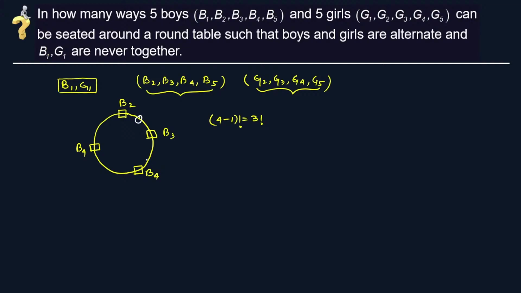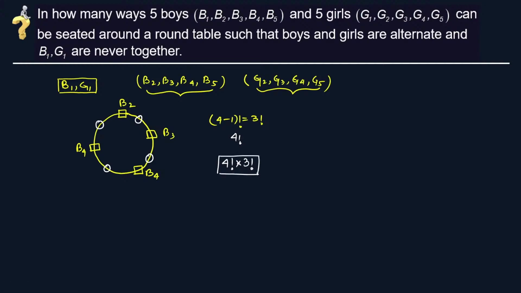So there are 4 seats in between, and the 4 girls can be placed in these 4 seats in factorial 4 different ways. Therefore, the total number of ways in which B2, B3, B4, B5 and G2, G3, G4, G5, these 4 boys and these 4 girls can sit alternately around the round table is factorial 4 into factorial 3. Am I correct?